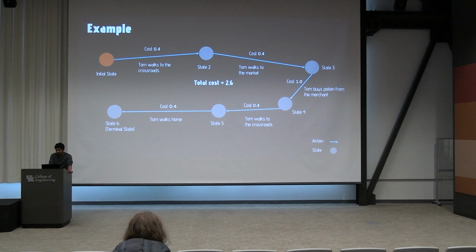Tom walks to the crossroads is now obviously causally necessary, but the interesting thing is that the total cost has decreased from 2.8 to 2.6, since taking the last action increases the utility. So that is how we calculate the total cost of an action sequence.